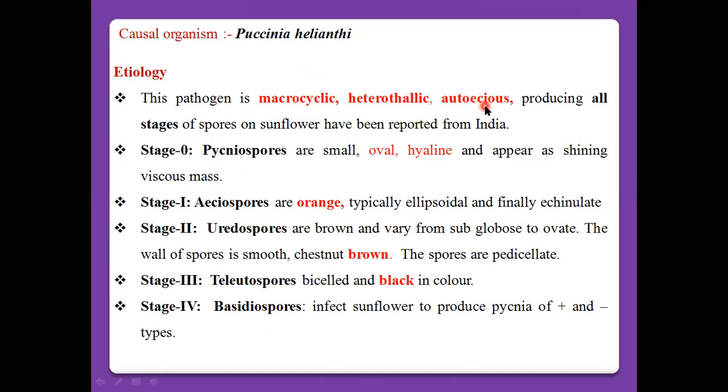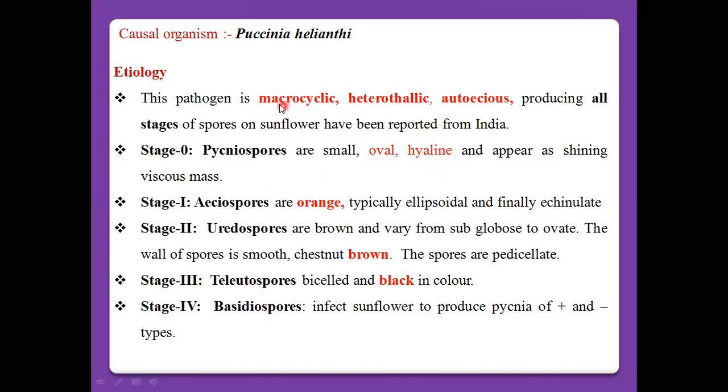Okay, autoecious means they complete the life cycle of the pathogen on only one host, that is sunflower. Then macrocyclic means five types of spores are present on the same host crop.